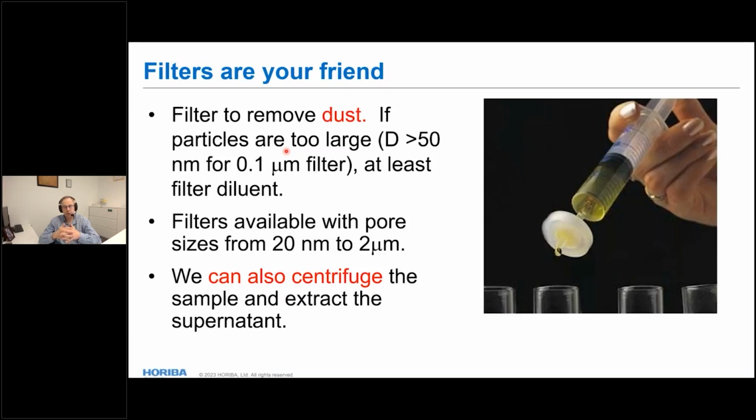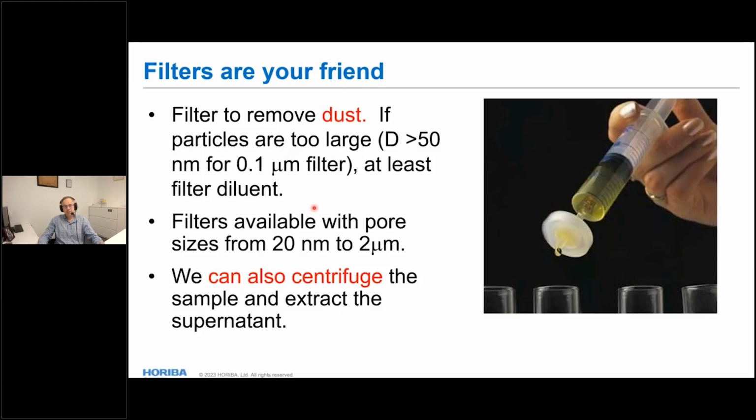If you have very small particles, you might filter the entire sample through a filter and just knock out the largest particles. So for polymer work, for example, you might filter your polymer solution through a 0.2 or 0.1 micron filter, so you're just looking at your polymer molecules. You can also play the same game with proteins. You have filters with pore sizes ranging from about 20 nanometers to several microns and up.